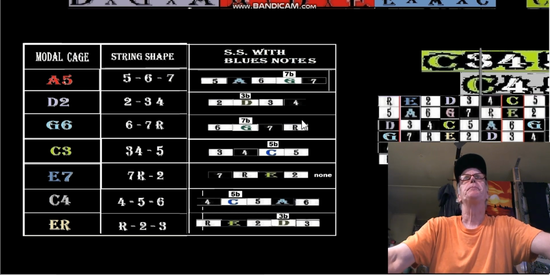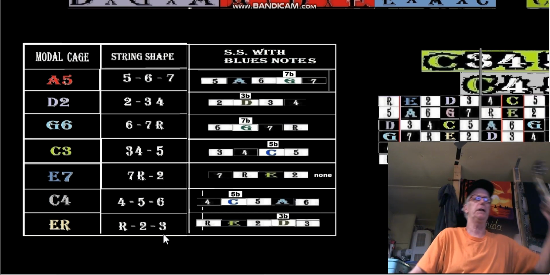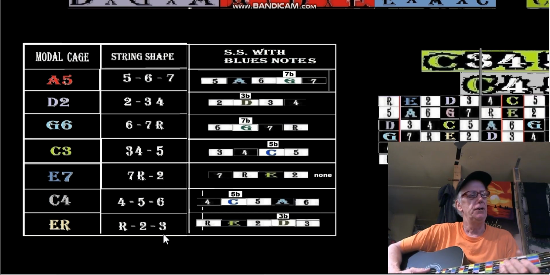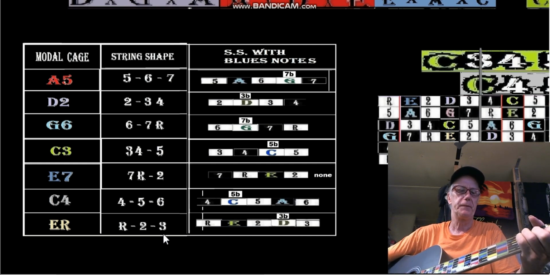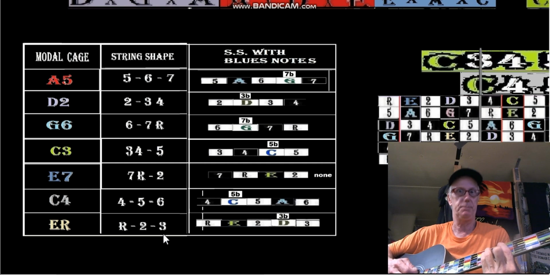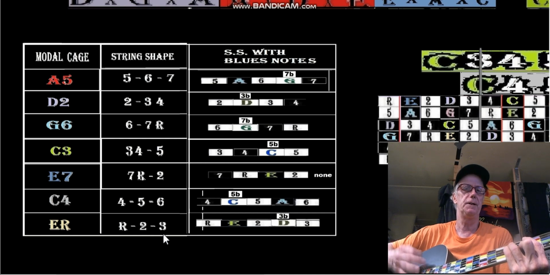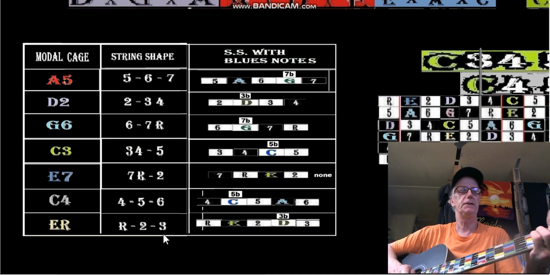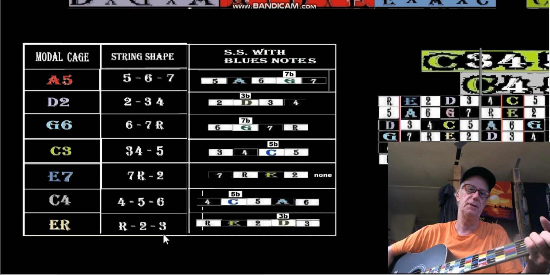Okay, so where are the blues notes? If we have a root 2-3 string shape here, my guitar is down C tuned, so here's my C E shaped. Here's your E shaped. Here's down C tuned D E shaped, and that's down D tuned, here's down C tuned.